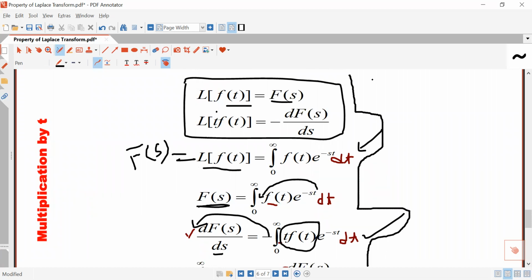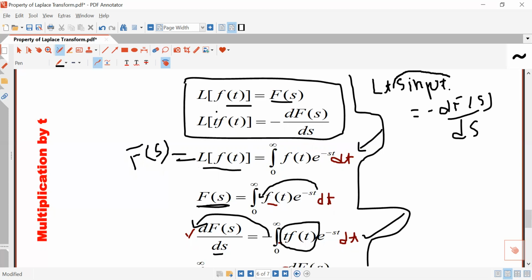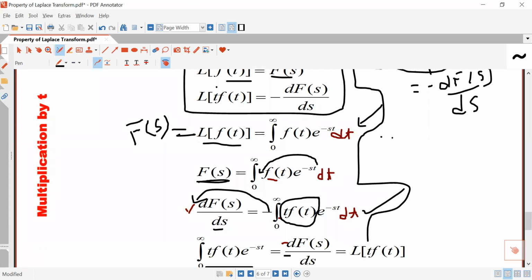For example, what will be the Laplace transform of t sin(omega t)? Here you can see sin(omega t) is multiplied with t. So its Laplace transform will be minus dF(s) by ds. Here F(s) is the Laplace transform of f(t), and the role of f(t) will be played by sin(omega t).